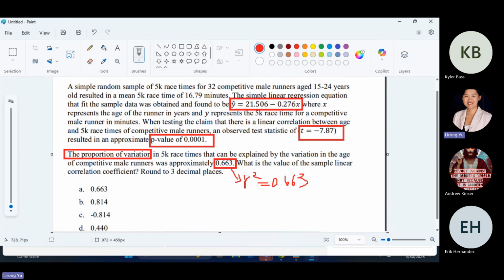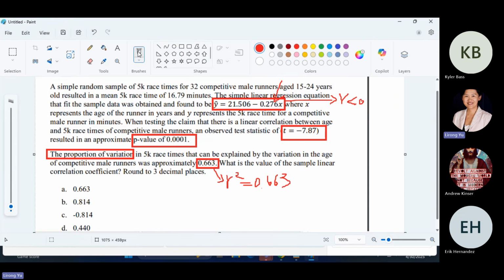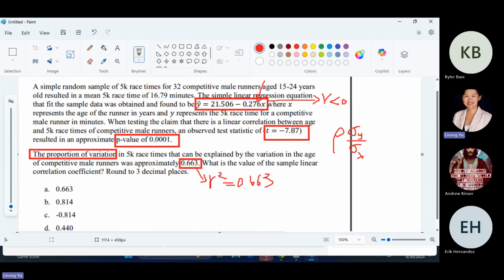And that coefficient being negative indicates R is negative, right? The coefficient of the linear equation, this we learned in 6.5, is equal to the correlation multiplied by the standard deviation of y divided by the standard deviation of x, which is equal to negative 0.276. That's the reason that we see the correlation is negative.